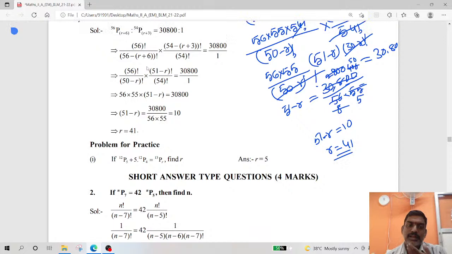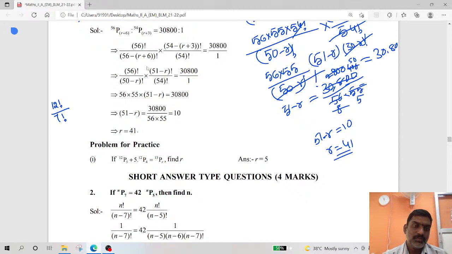Next, 12p5 plus 5 times 12p4 is equal to 13pr. So here, what is 12p5? Already we have done this in the same model question above. 12 factorial divided by 12 minus 5, 12 minus 5 is how much? 7 factorial.